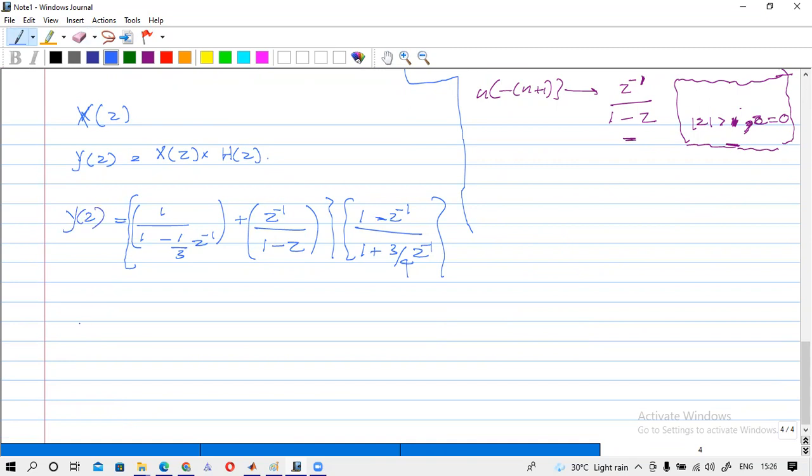Now you have to evaluate y[n]. To evaluate y[n], how do we find the inverse Z-transform? I think it is somewhat difficult, so let's try.